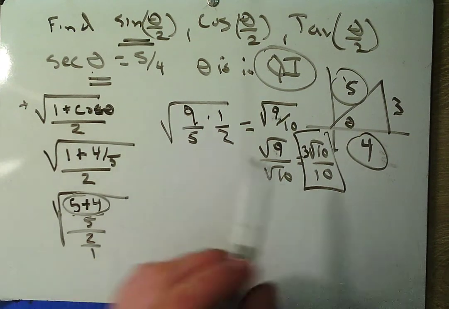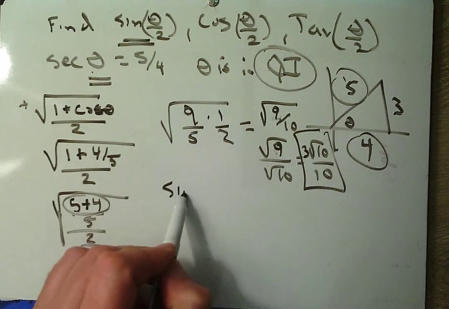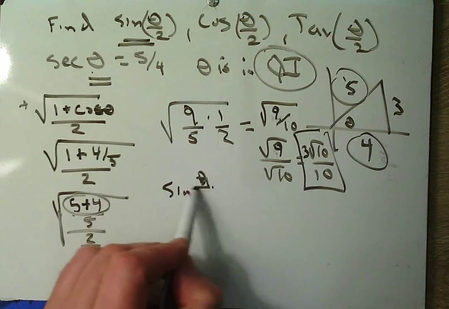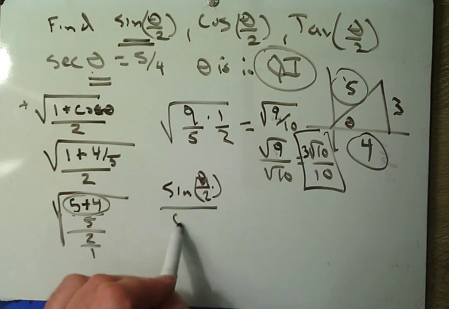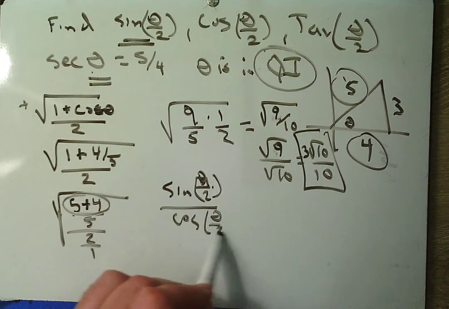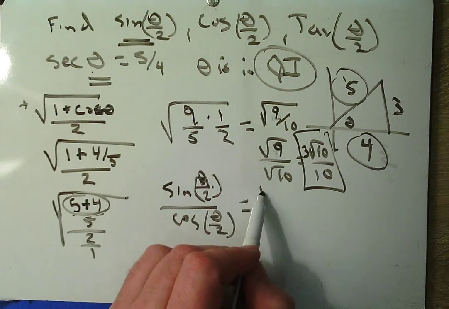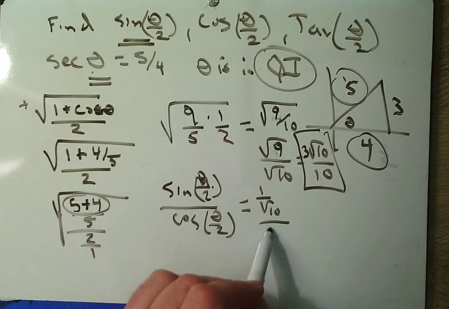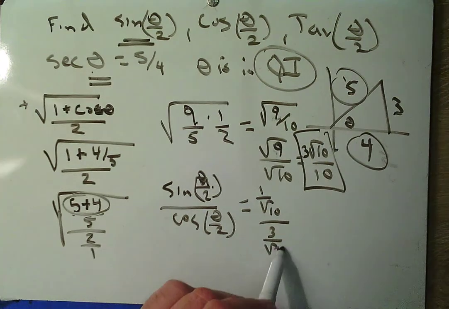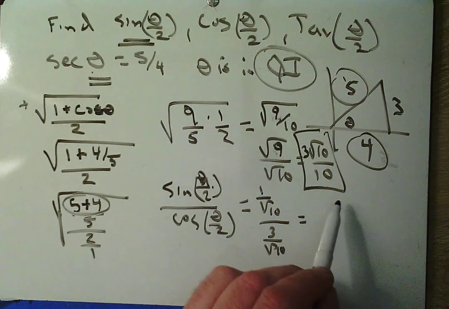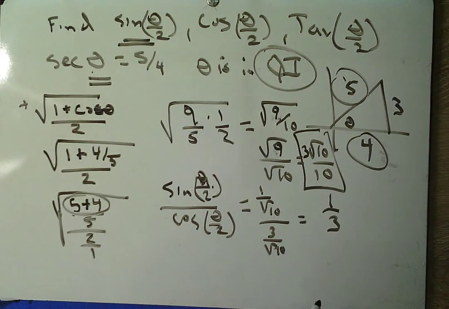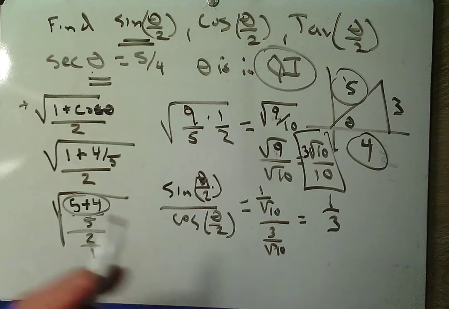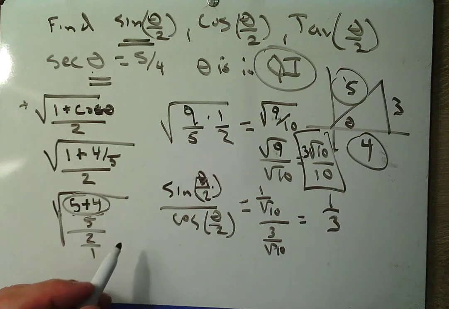And again, we could always divide sine half-angle over cosine half-angle, which was 1 over root 10 over 3 over root 10, and I end up with 1/3 for that. But we could also use the tangent half-angle formula that we talked about before.